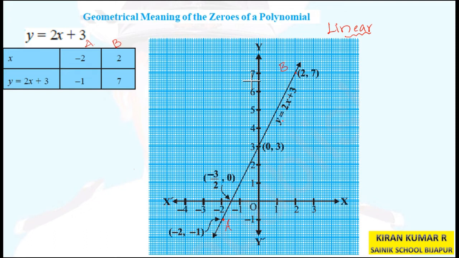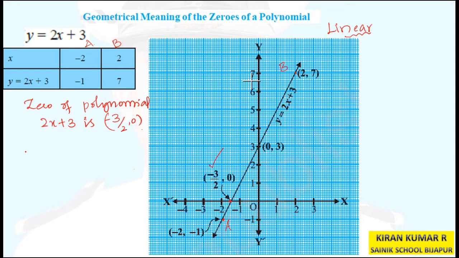This line y = 2x + 3 intersects the x-axis at (-3/2, 0). This is the zero of the polynomial 2x + 3.